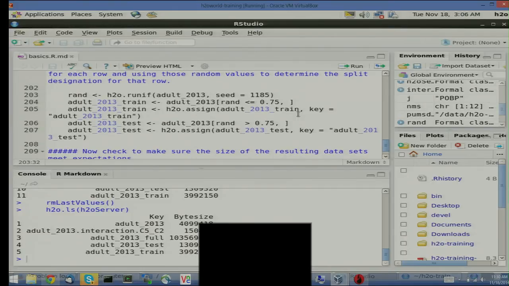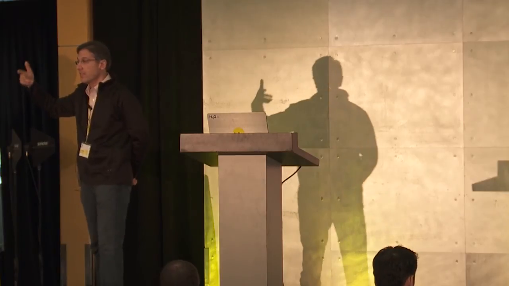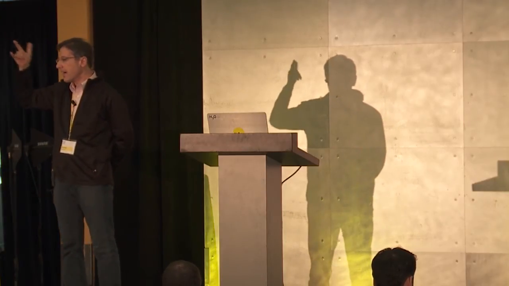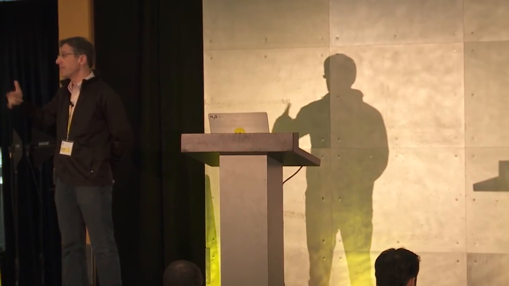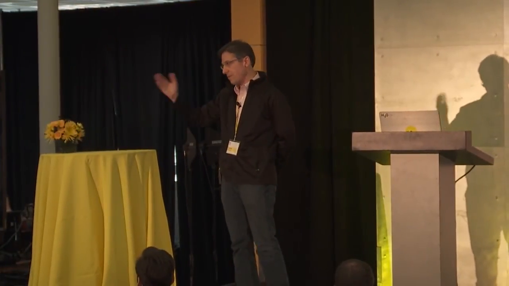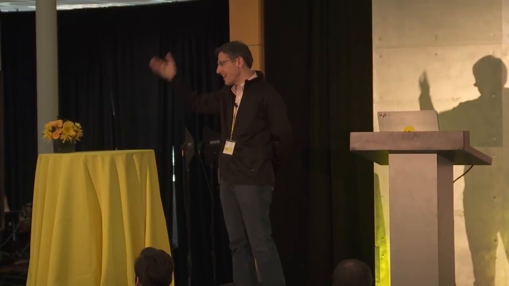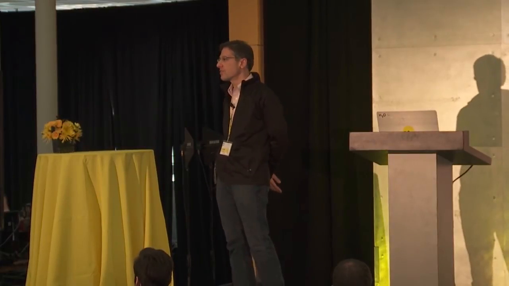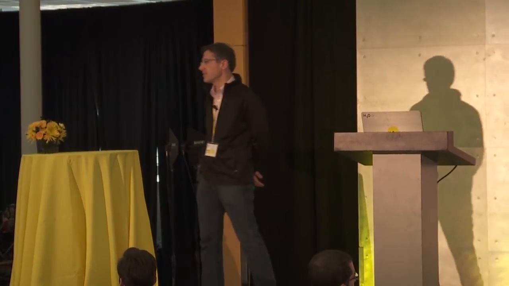The reason is I want to create, and this is just an API issue, a column of random uniforms that will be compatible with the data set I supplied. One thing is that it would have to have the same number of rows. So it's just an API convenience to do it that way.